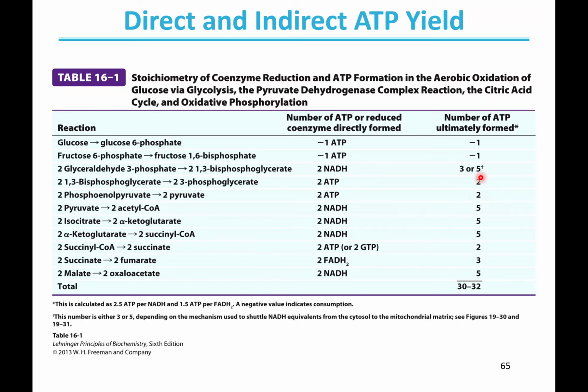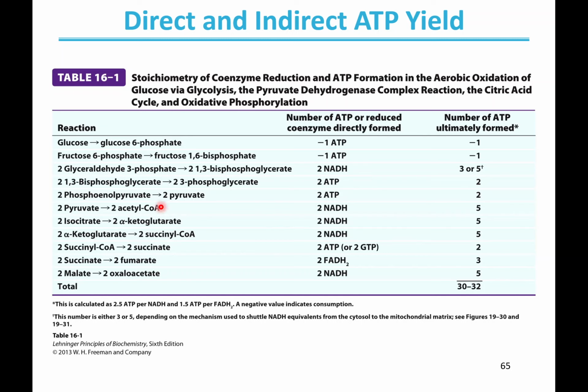Plus, this can get a little confusing, but the NADHs could either be 3 or 5 ATPs formed from each of those, depending on how those get into the mitochondria. Okay, so you do have some production of ATP, and you see that NADH accounts for a lot of it from glycolysis.